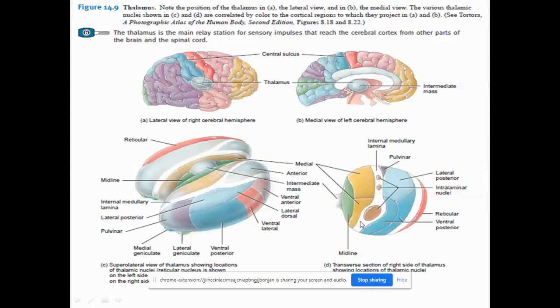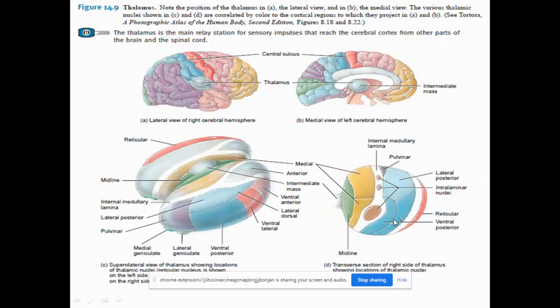So this is the transverse section of the right side of the thalamus and this is the superolateral view of the thalamus. Here you can see the ventral anterior. On this side you can see the ventral posterior. This is the lateral dorsal. This is the lateral ventral. This is the ventral posterior.